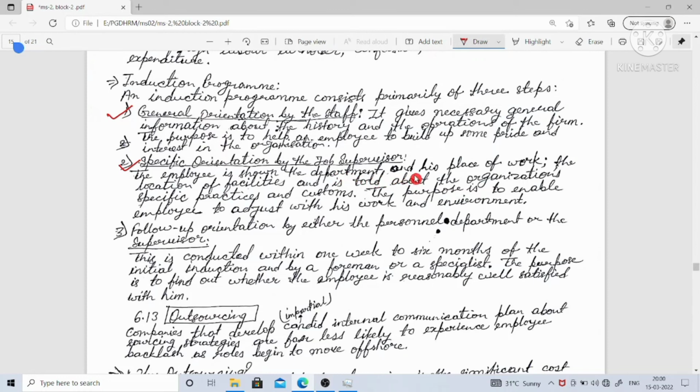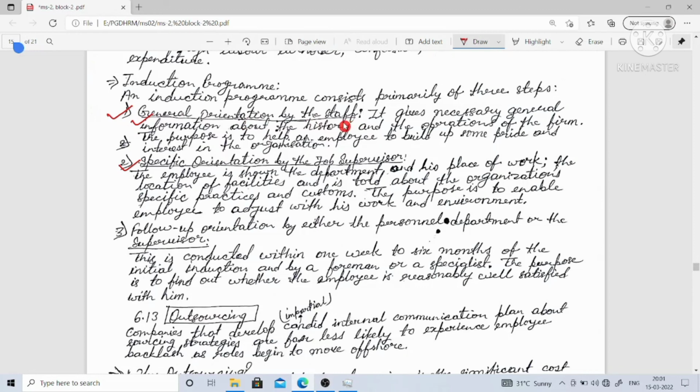The purpose is to enable the employee to adjust to his work and environment. So general orientation by the staff provides information related to the history and the operation of the firm, so that he can feel proud working in the organization.